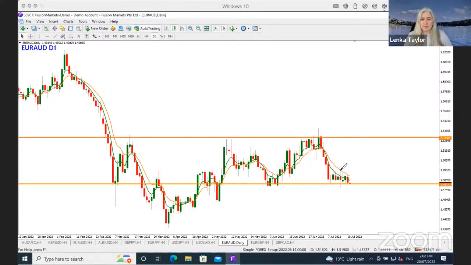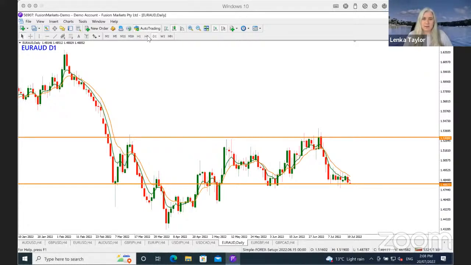We have the largest bar that covers the majority of that range. So any break around that area would outline which way the price action would be heading.